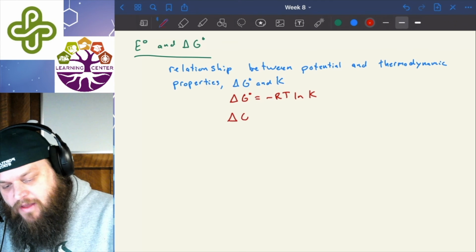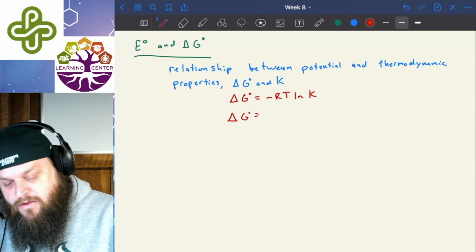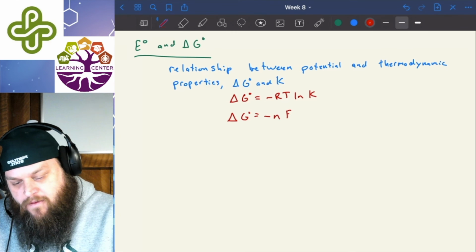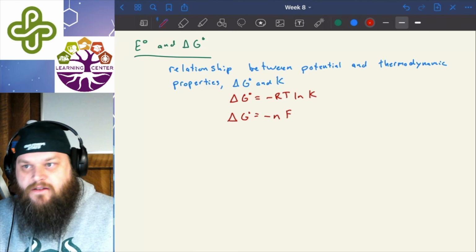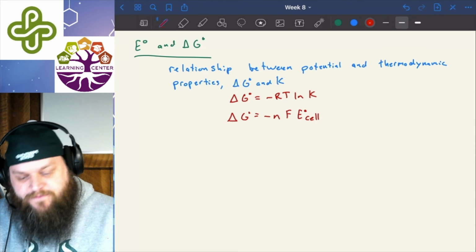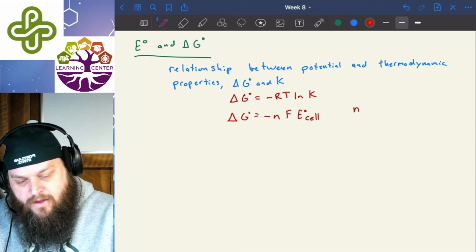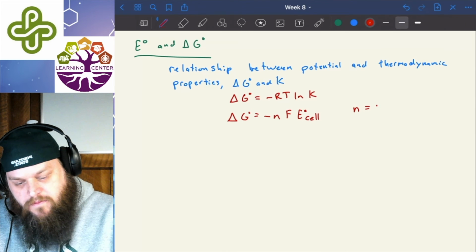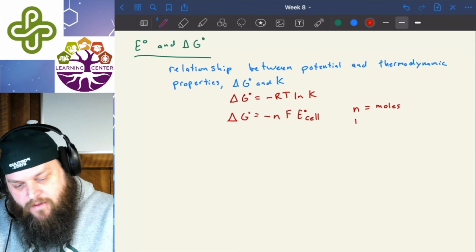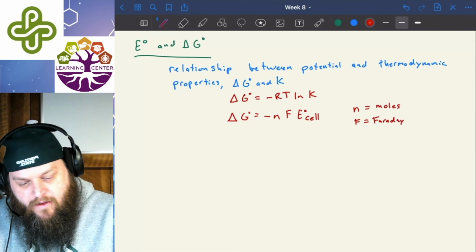We can write that as equal to negative N times F times E, the potential of that cell. N equals the number of moles. F is equal to the Faraday constant.